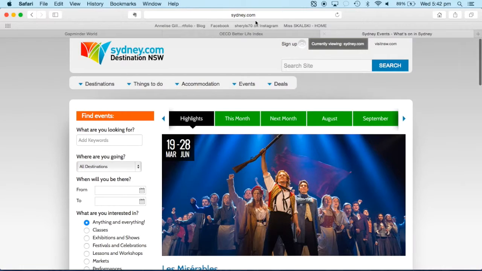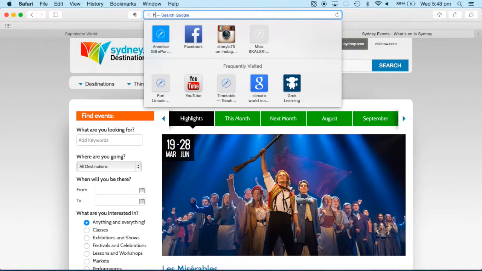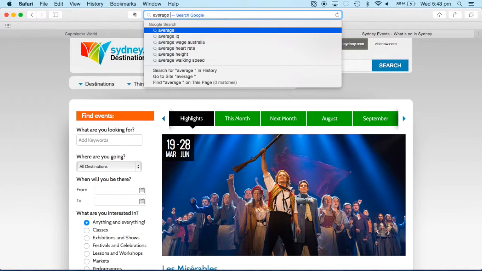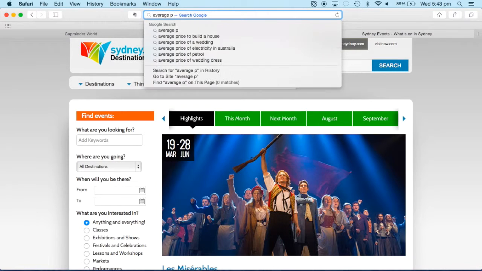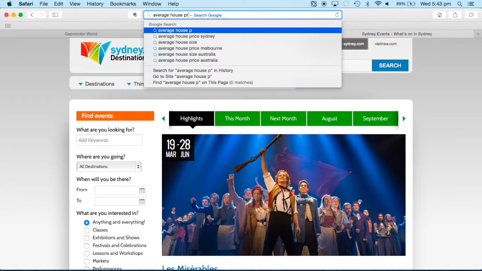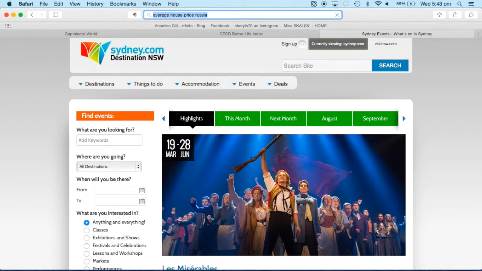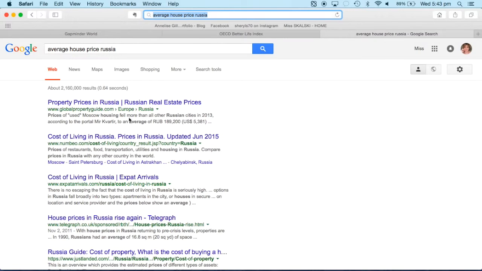So you can use it as one of your guides for your people. But the other thing that you can do is look up average price. Oops, let's try average house price Russia. Okay, so we can actually then get a bit of an idea about what the price is.